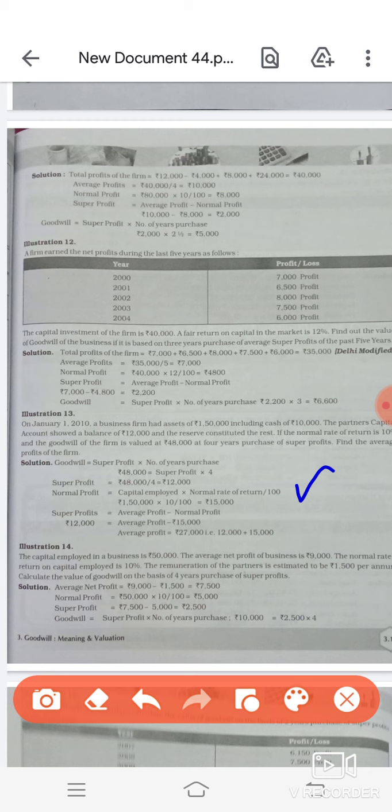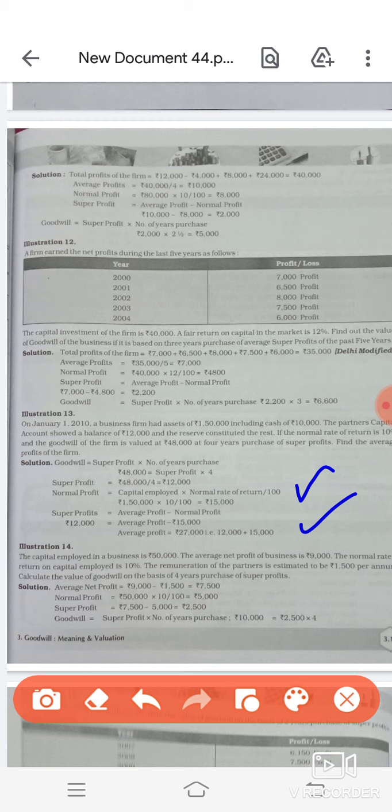So no need to include the amount of 10,000 because it is already included in the total asset. That is 1,50,000. So we have to use the asset side approach. That is capital employed is 1,50,000. Normal rate of return is 10%. So from this we can calculate the normal profit.